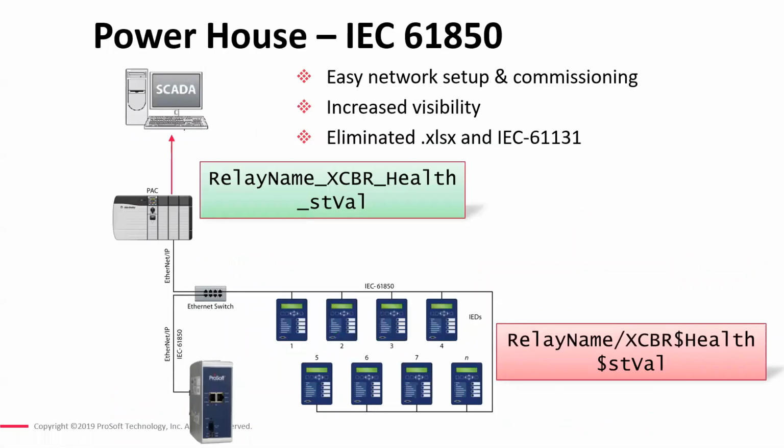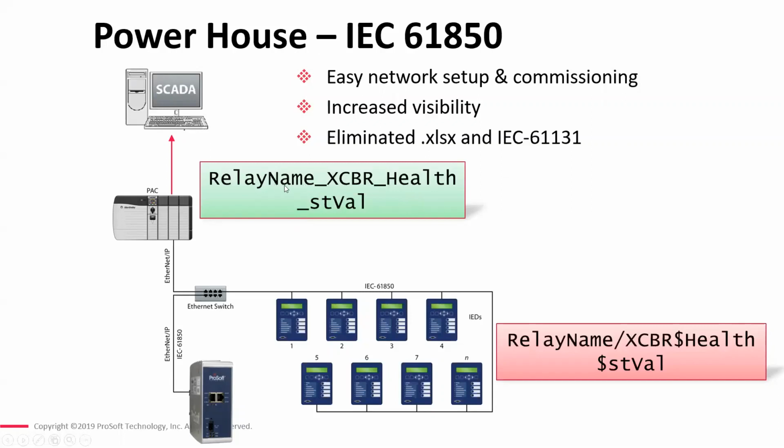What they were able to do is switch over to the IEC 61850 gateway module. Because the configuration software would import the CID files directly from the 61850 devices, it allowed us to generate all the tag names.